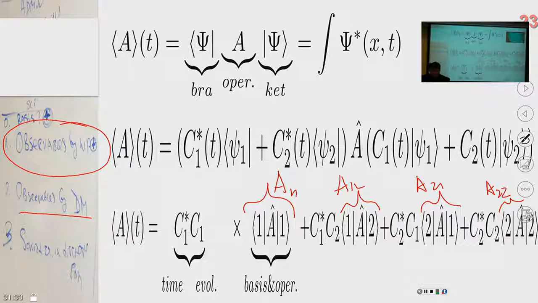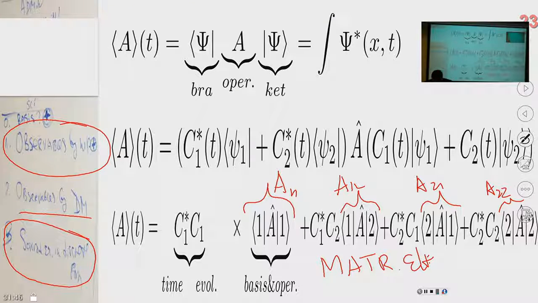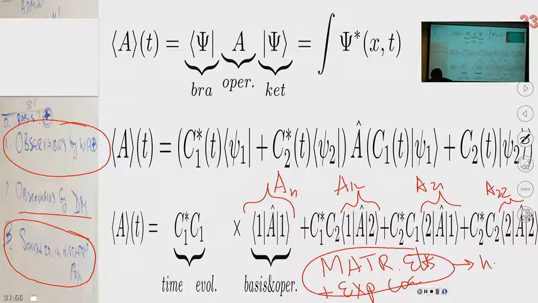And then the most important thing will be the main message that, let me repeat it, matrix elements and expansion coefficients. It is only what we need.